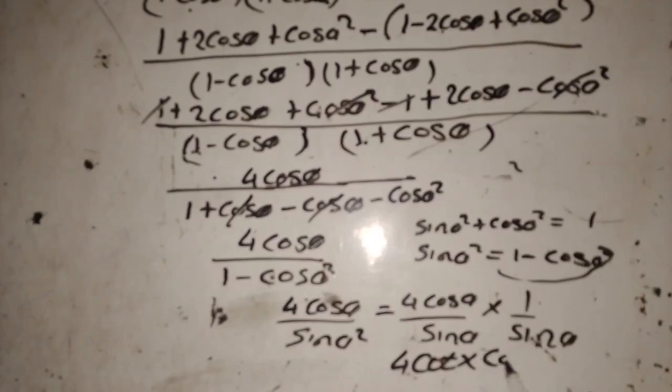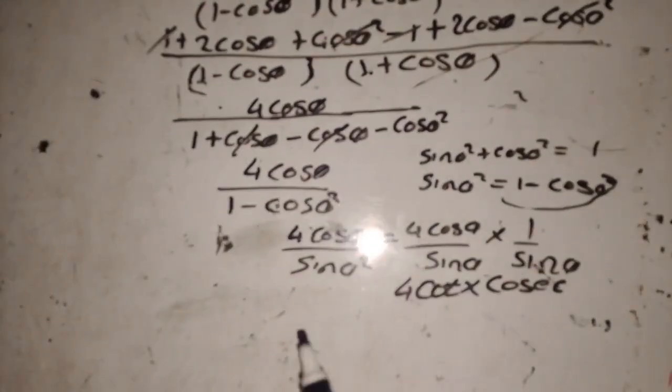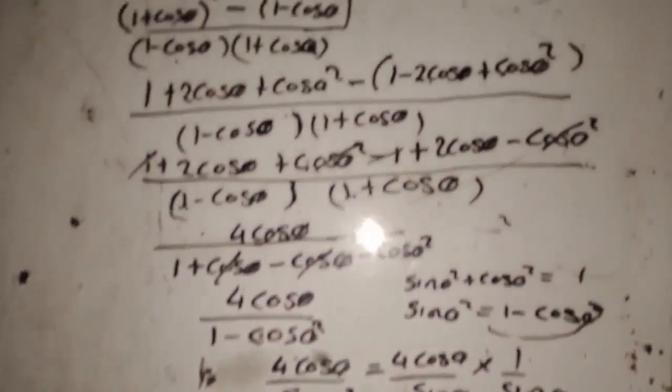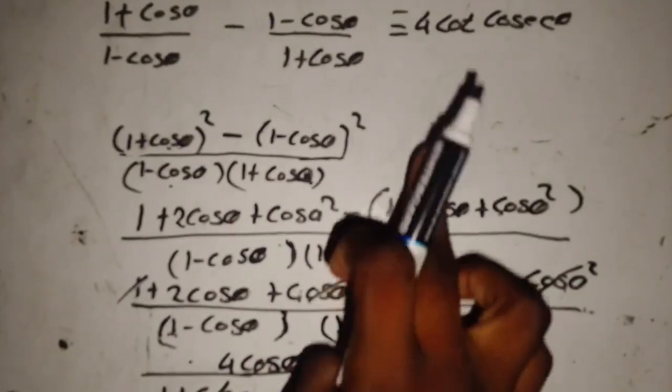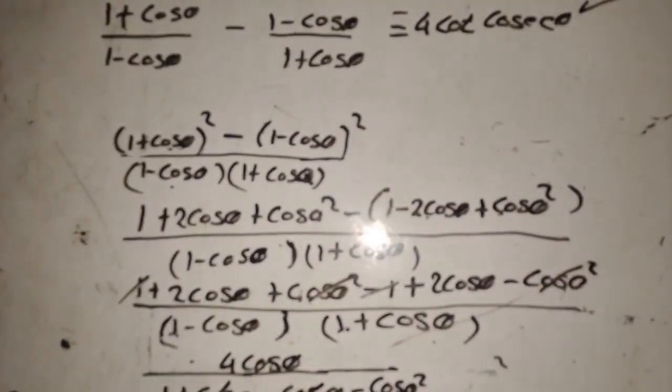Hence we have 4 cot theta cosec theta, which we have proven is equivalent to the expression we were given. So this is how you were supposed to do this question.